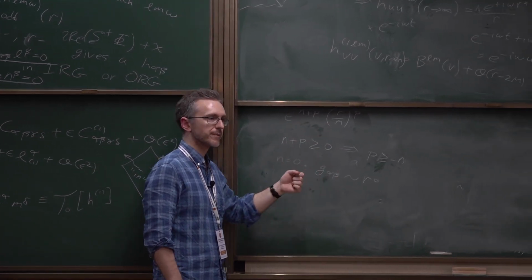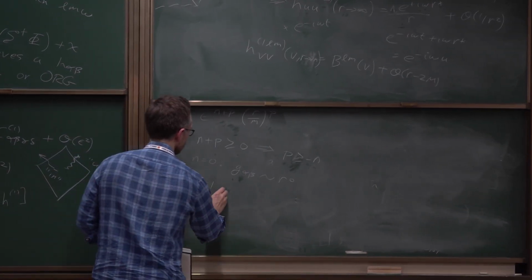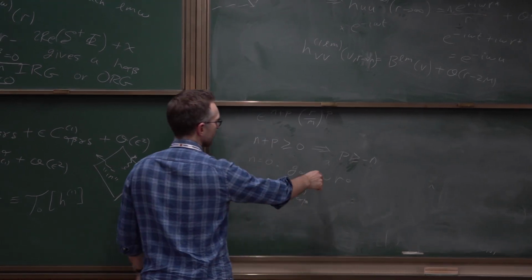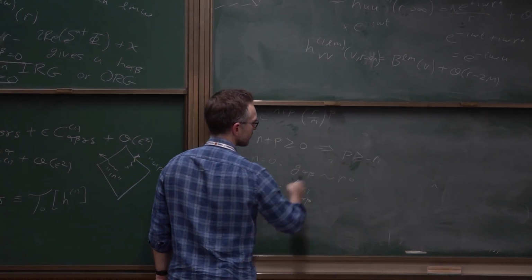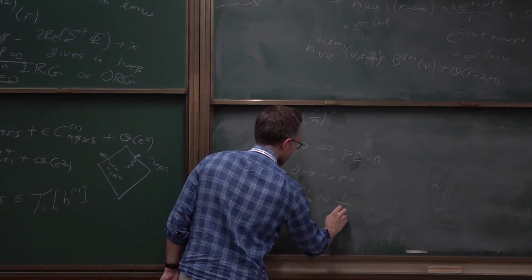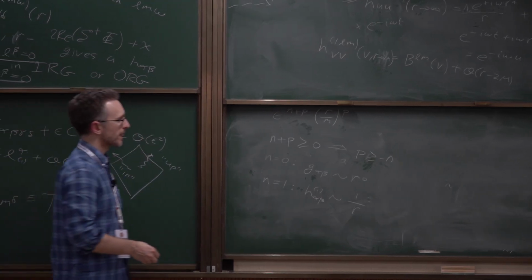r equals 0. Then n equals 1, we've got h1, and p has to be bigger than or equal to -1. So that says when r is small, this starts at order 1 over r.